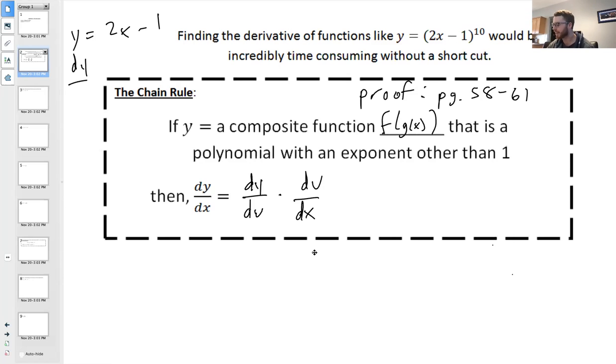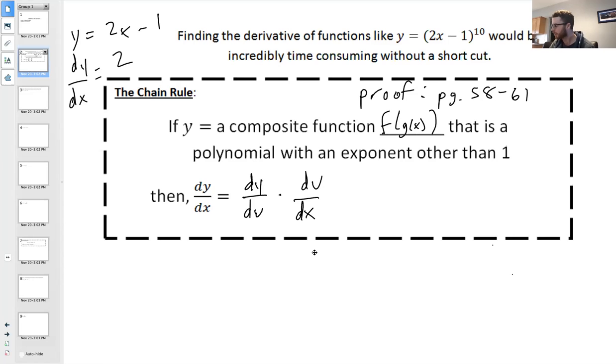And because the variable is x, we're taking the derivative of y with respect to x. In this case it would just be 2. The derivative of 2x minus 1 is 2, since the derivative of a constant is 0.